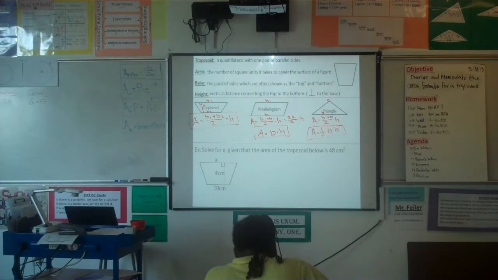It says, solve for x, given that the area of the trapezoid below is 48 centimeters squared. Solve for x.